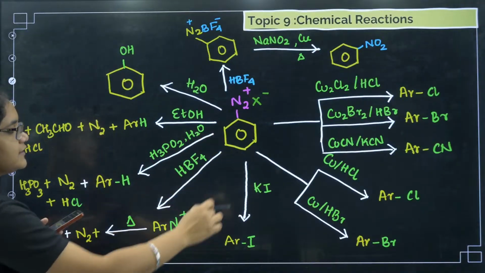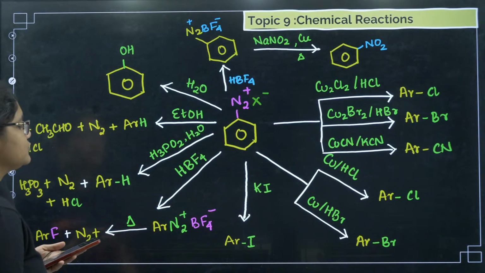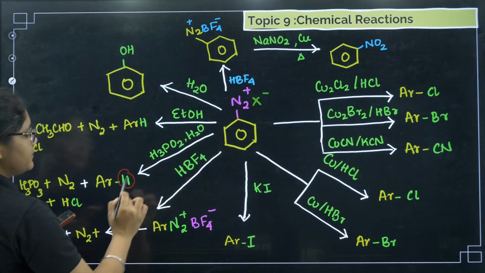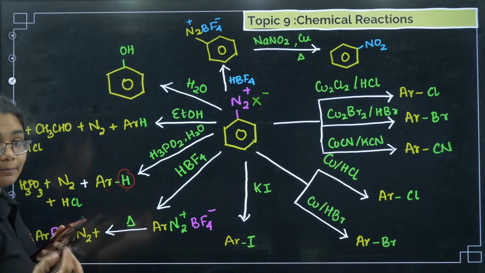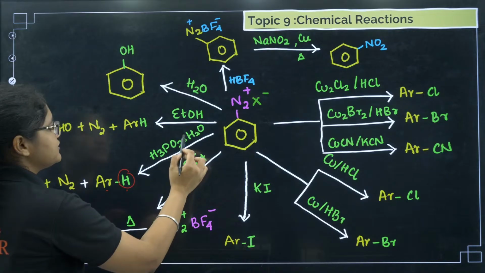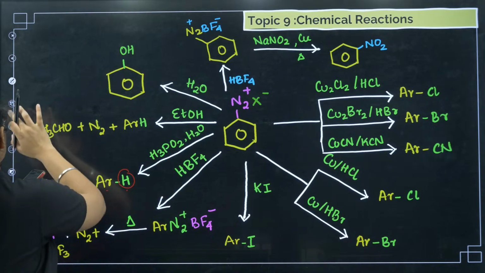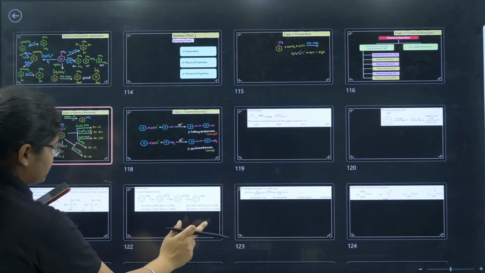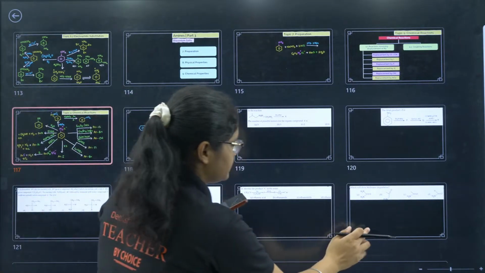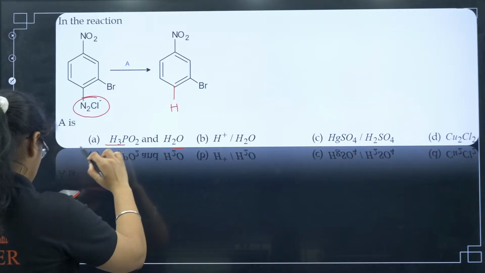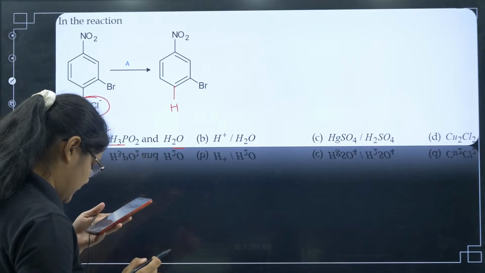So you can see these are the reactions of benzene diazonium chloride. If I want to remove this N2+ Cl- and replace it with H, you have to use H3PO2 and water. So H3PO2 and water, that is option number A.